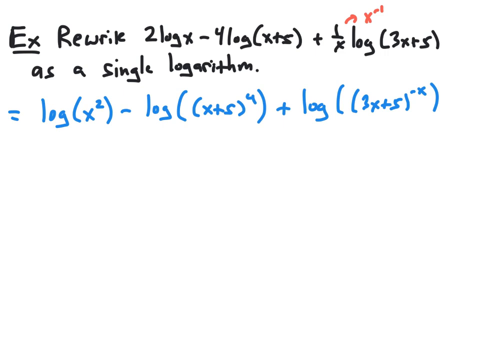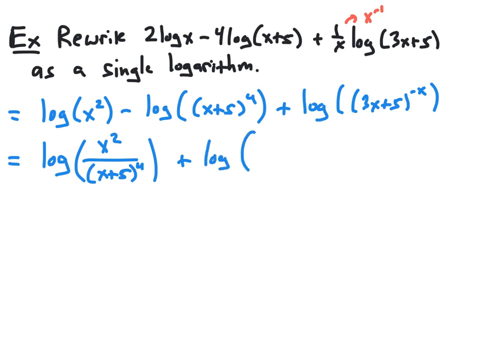Right? And now that we have logs added and subtracted, we can go left to right and apply the product and/or quotient rules as necessary. The first 2 logs here are being subtracted, and so we need to use the quotient rule. So this is the log of x squared over x plus 5 to the 4th plus the log of 3x plus 5 to the negative x power.